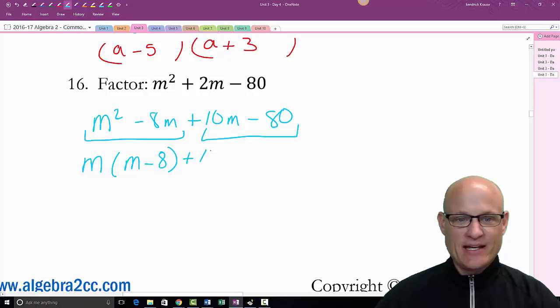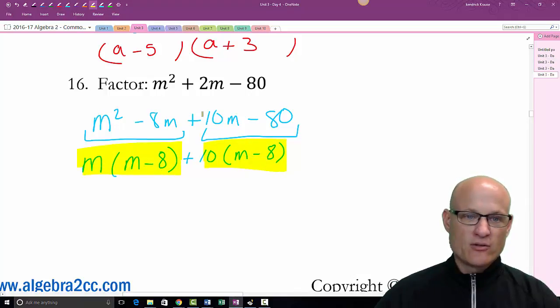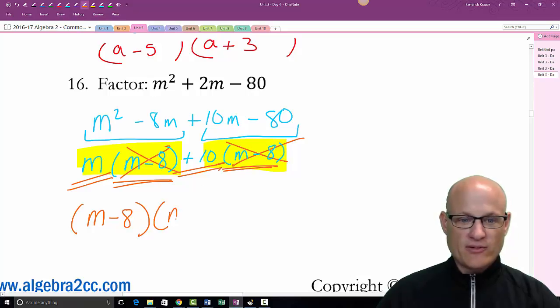They have a 10 in common. I'm left with m minus 8. Again, group these together and group these together. What do the two groups have in common? They both have an m minus 8. That's my first set of parentheses. m minus 8, gone, gone. And I'm left with m plus 10 for my second set.